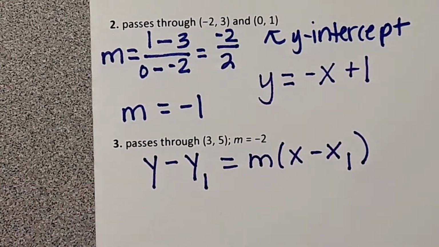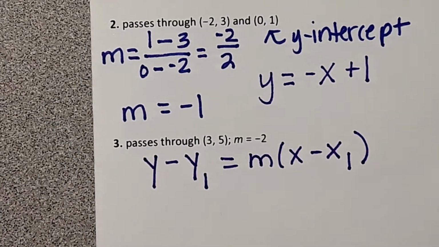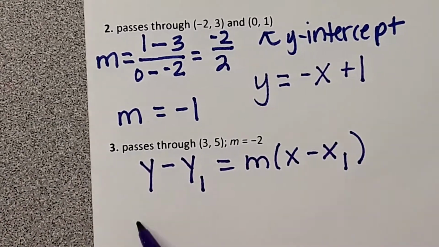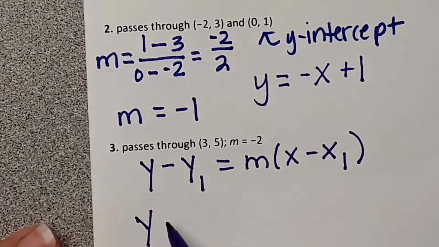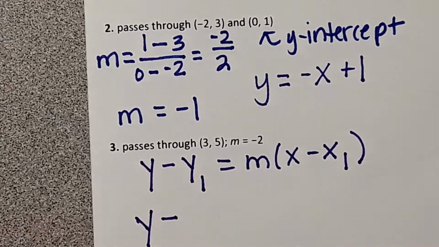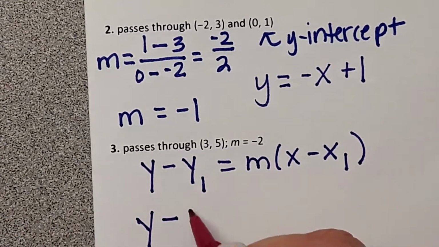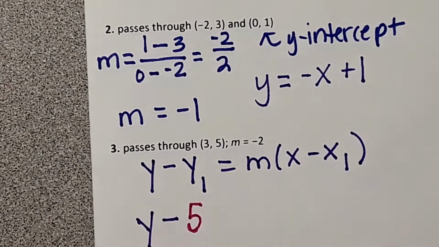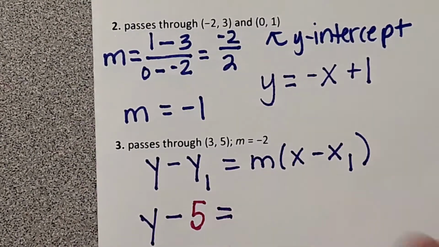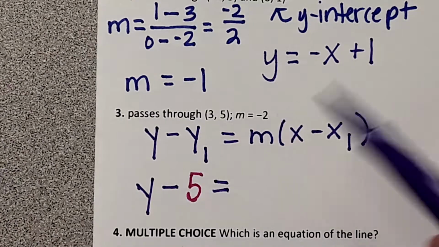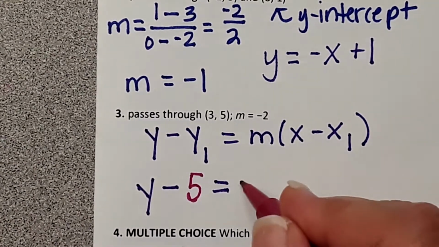So here we go. This y stays the same, minus, well, y1 is 5, so I'm going to replace y1 with 5, equals, the m is negative 2, so I'm going to replace the m with negative 2.